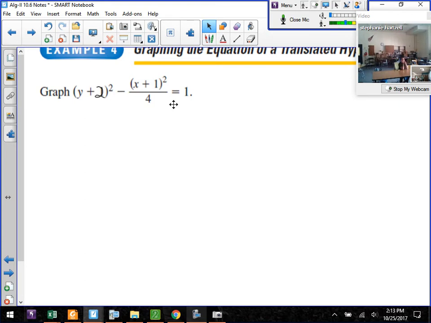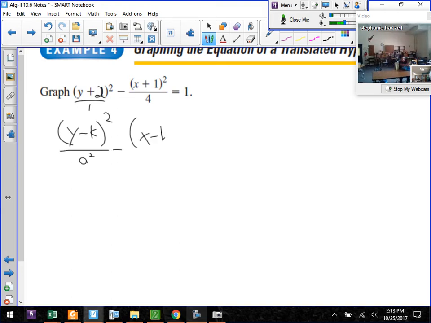And if you want, what I would do is this right away: put it over 1. Doesn't change anything, does it? Now, I have a y squared hyperbola, so it's (y − k)² over a squared minus (x − h)² over b squared equals 1.